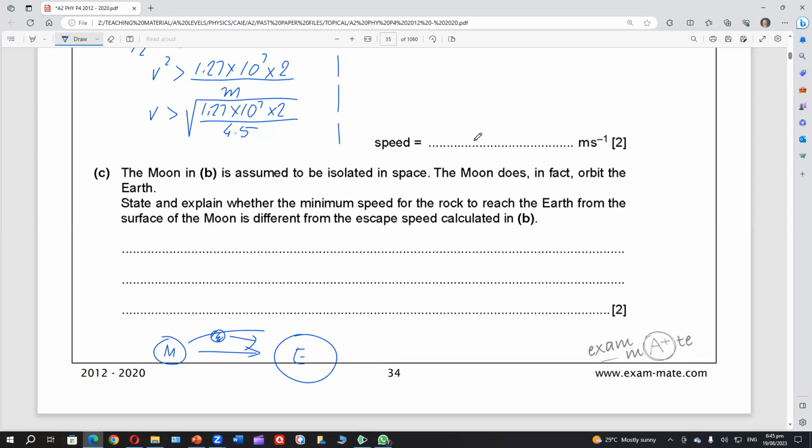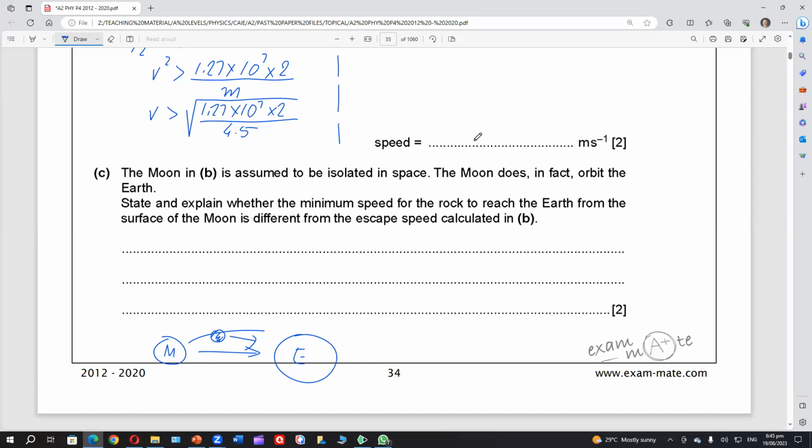Now as the earth is already attracting the rock, you won't need that much speed because earth is there to pull it out. So it is just like the case, initially it was going to infinity, but now it is not a case of infinity.